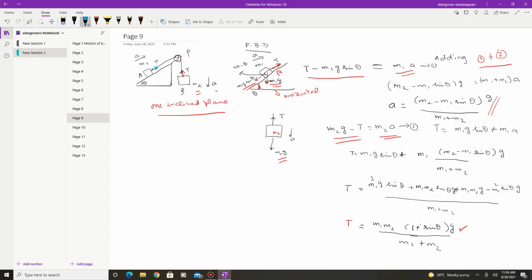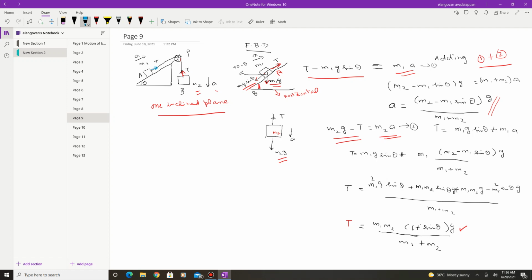The direction along the inclined plane is perpendicular to the other direction. On one side the tension T is acting, and the force acting along the plane on this block will be M1g sin theta, because theta is the angle of inclination.